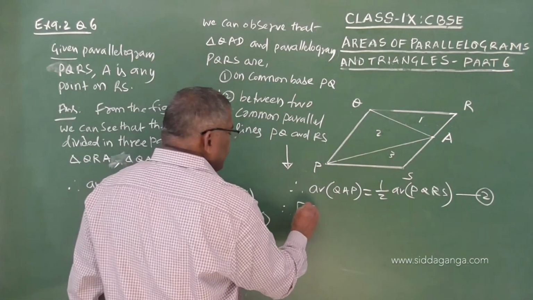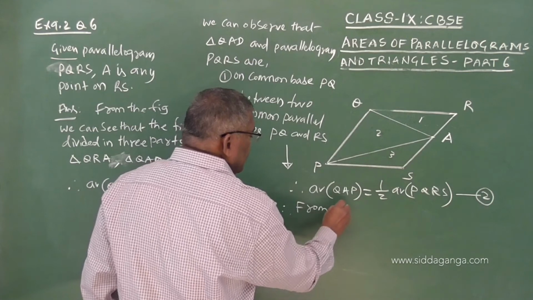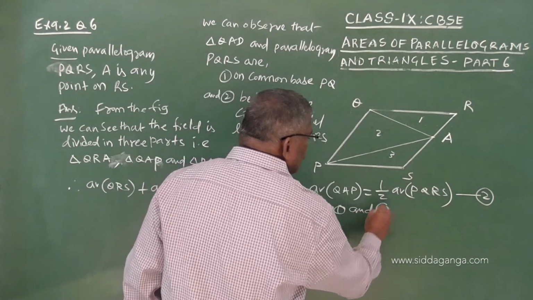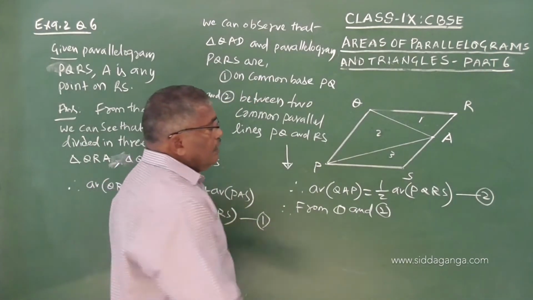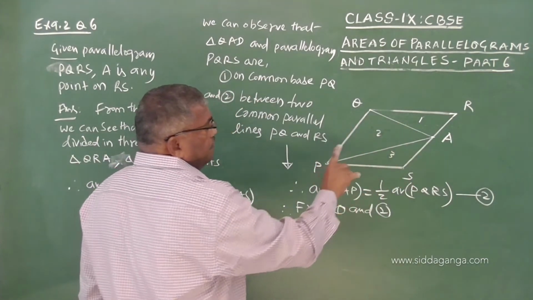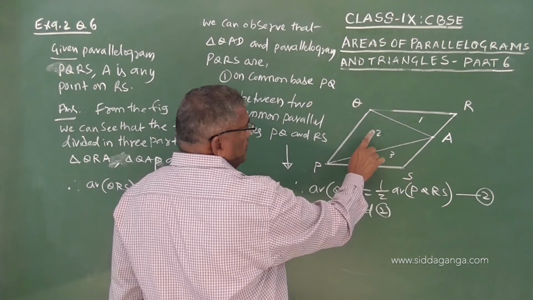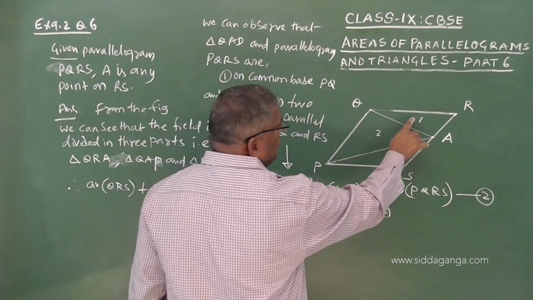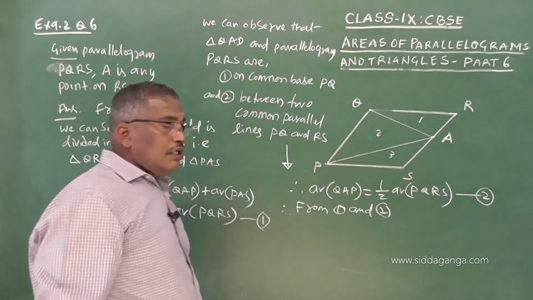Therefore, from 1 and 2, what conclusion do we get? From 1 and 2 we can come to the conclusion that this second triangle is equal to the sum of the first and third.